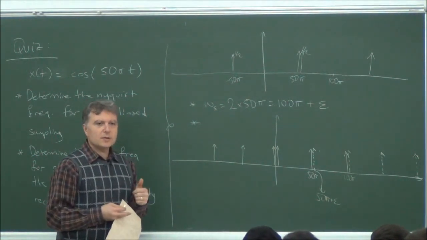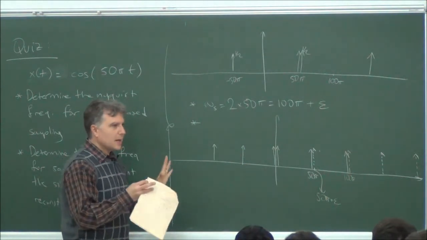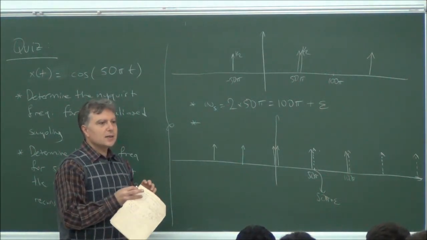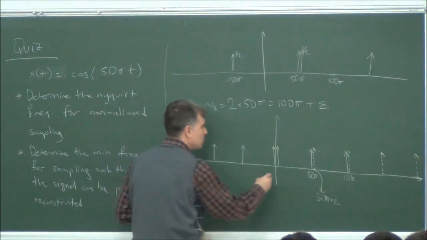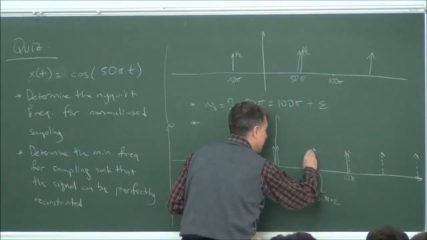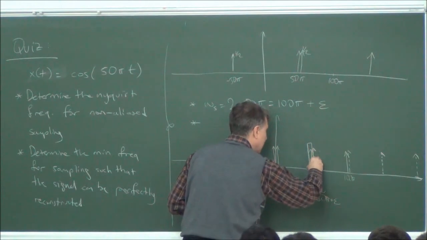The way to recover the original signal, as long as they are not occluded, is just by deliberately choosing a band pass filter. For example, you can choose a band pass filter, a very narrow one, like this.